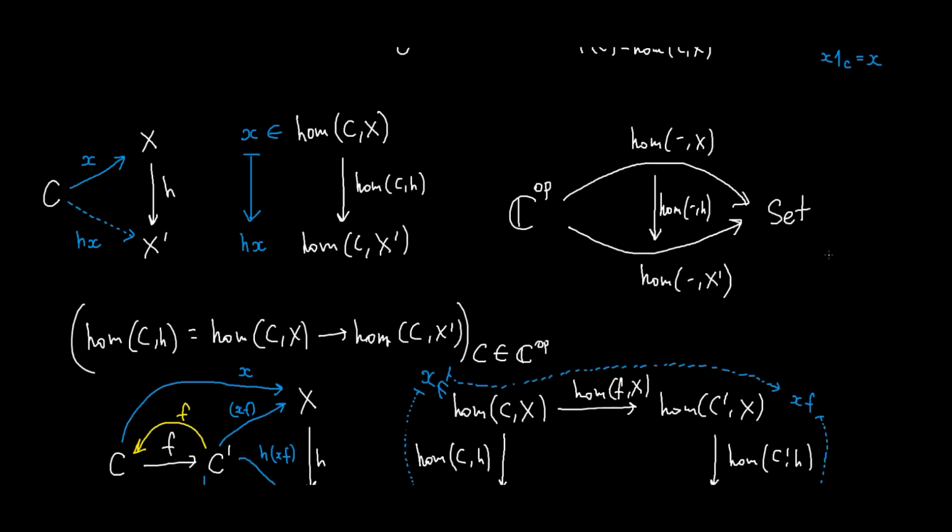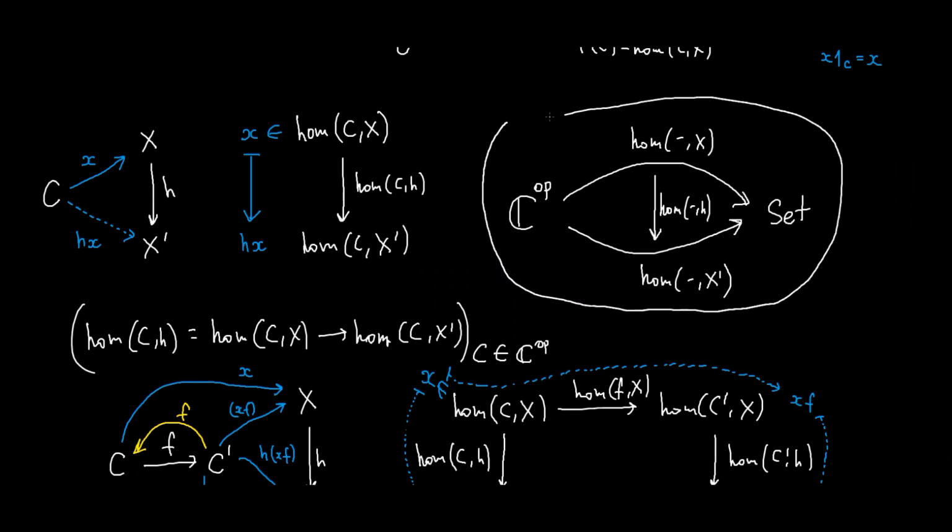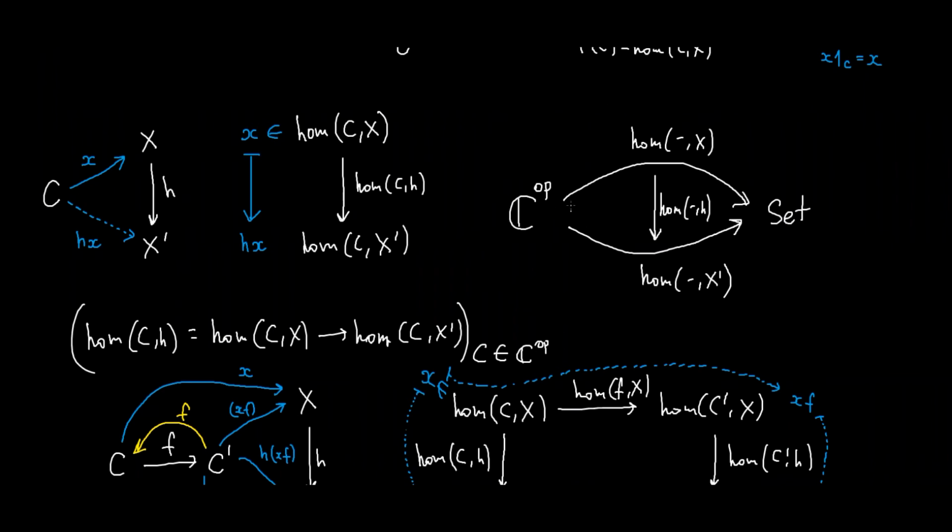So to set this up as a functor, first we need to know where the values of the functor will lie. I mean, this functor will clearly be a functor from the category C, because this part here lives inside the category C. But what about its values? The values of the functor will lie in this picture, right? So where the functors are seen as objects, and morphisms between objects are natural transformations.